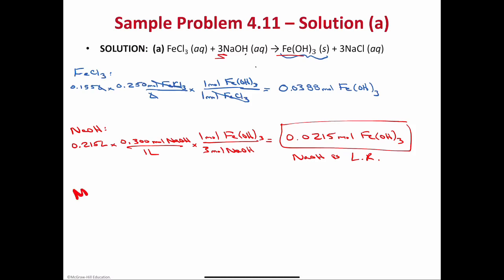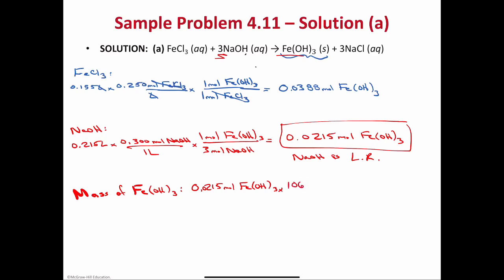The last thing they're asking us for is the mass of Fe(OH)3. The way I'm going to do that is take the number of moles that I have, which is 0.0215 moles of iron(III) hydroxide, and multiply that by the molar mass of iron(III) hydroxide.